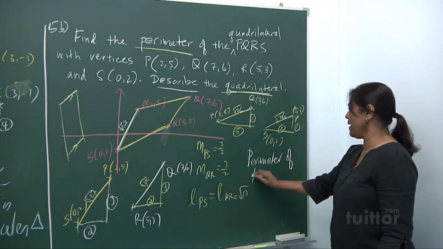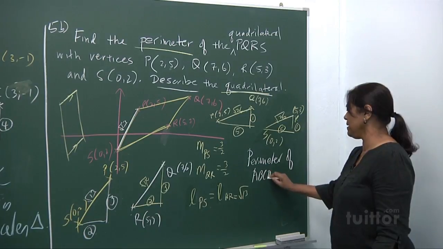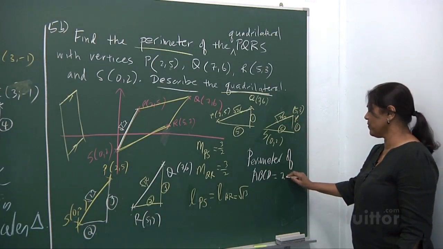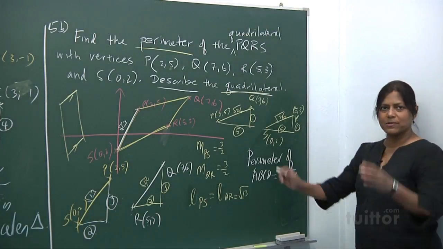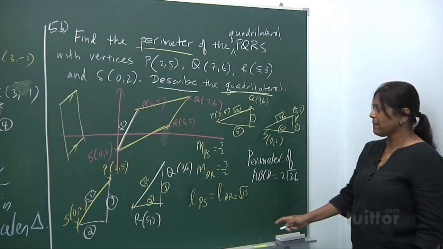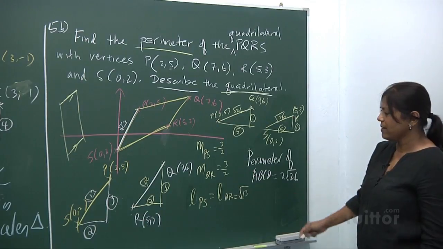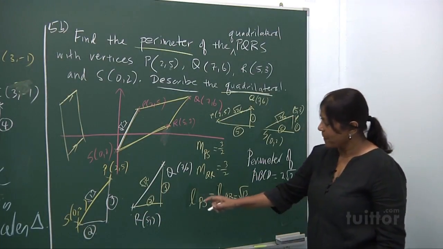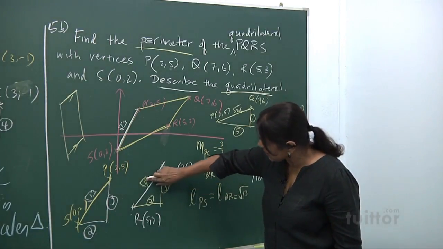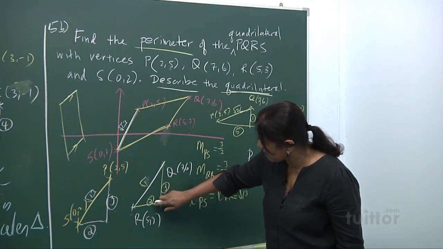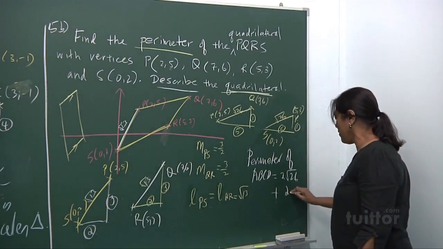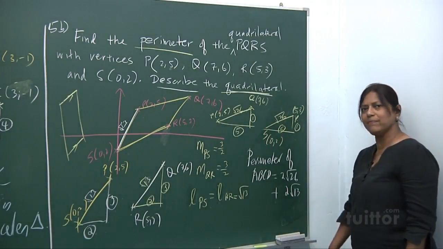Perimeter of ABCD is you just add square root 26 twice, because you have 2 times square root 26, plus the length of the other one, square root 13, and there are 2 of it, isn't it? Isn't my writing terribly untidy here? 9 plus 4 is square root 13. Yes, and 2 of it, square root 13.